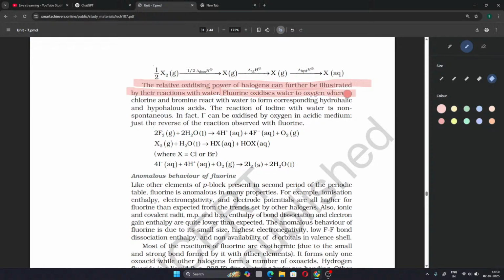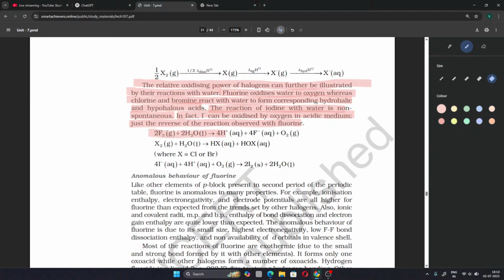Fluorine oxidizes water to oxygen, whereas chlorine and bromine react with water to form the corresponding hydrohalic and hypohalous acids. The reaction of iodine with water is non-spontaneous. In fact, iodine can be oxidized by oxygen in acidic medium, just the reverse of the reaction observed with fluorine. This describes the less electronegative nature of iodine.